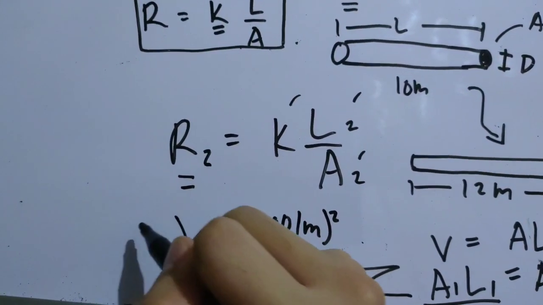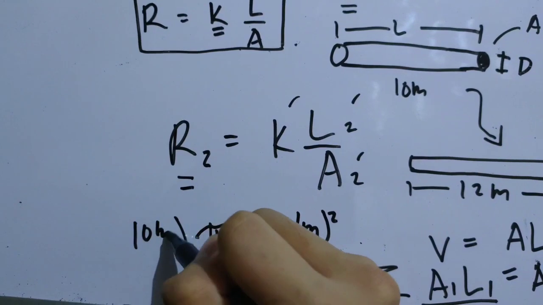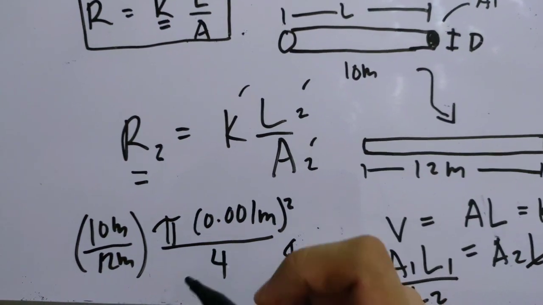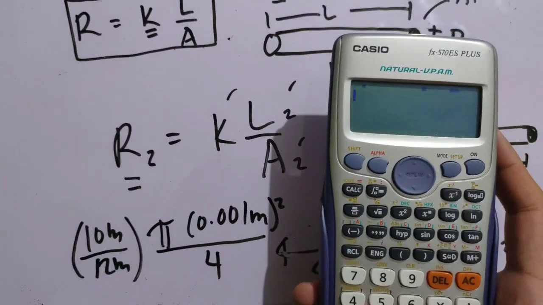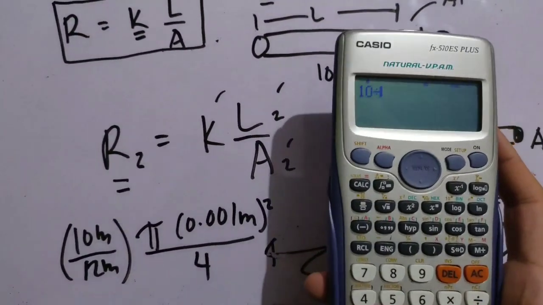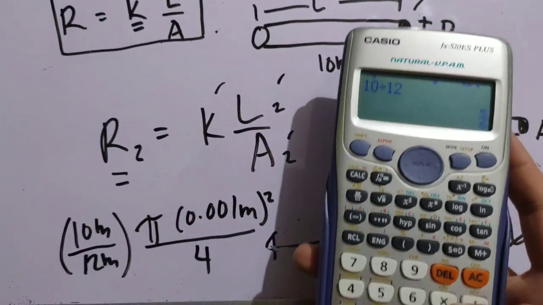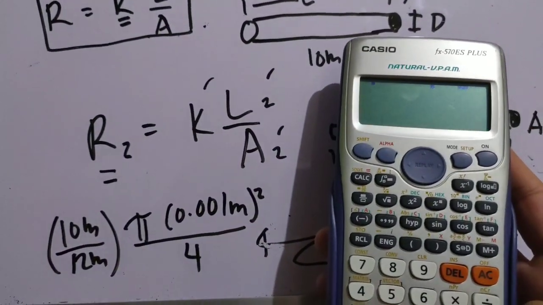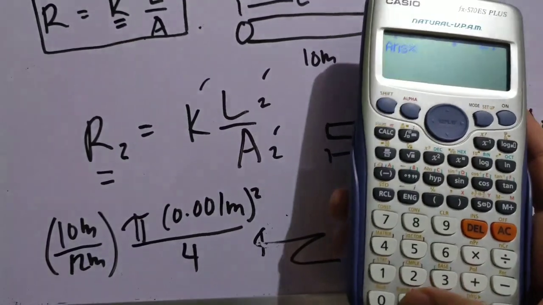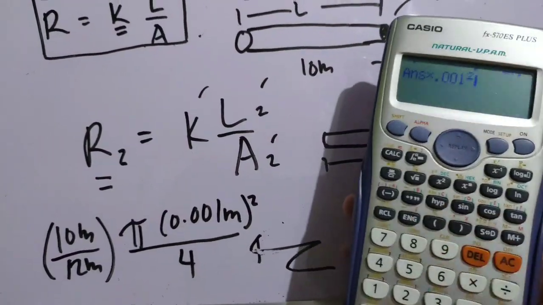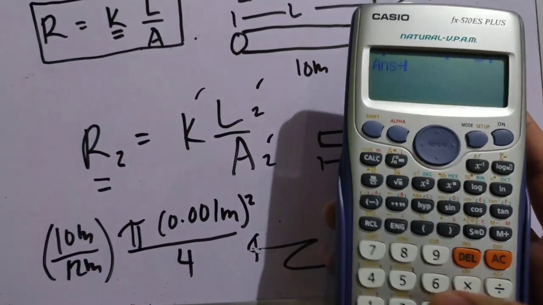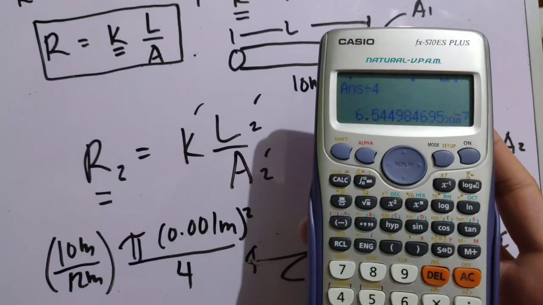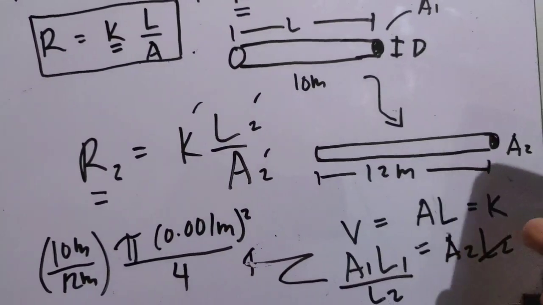So multiply mo to ng 10 meters over 12 meters. At masasolve mo na yung area 2. So 10 meters divided by 12 meters times pi times 0.001 squared divided by 4. So, ito yung second area natin.